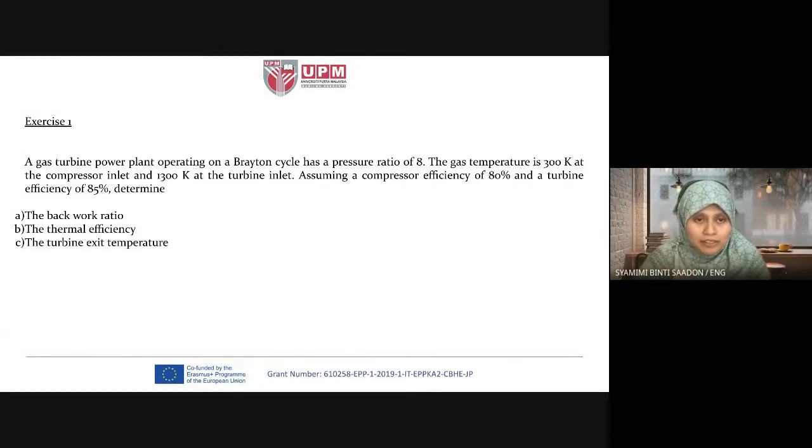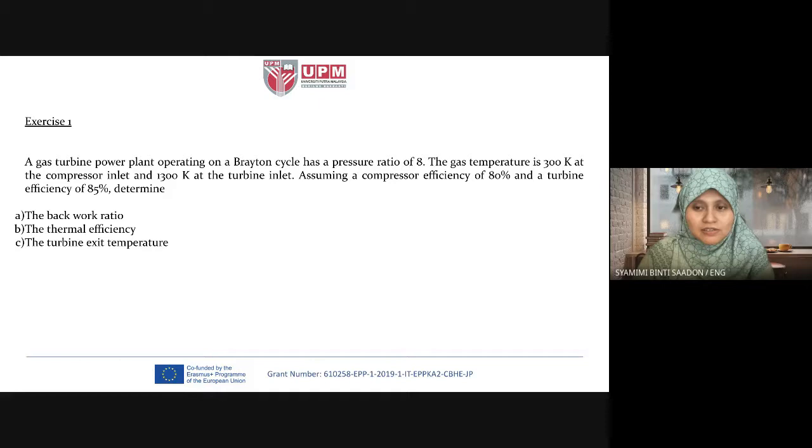In the compressor, in the first law energy balance, we only have work done, or work input, in the compressor. We don't have heat transfer, etc. So directly the compressor work is H2 minus H1.